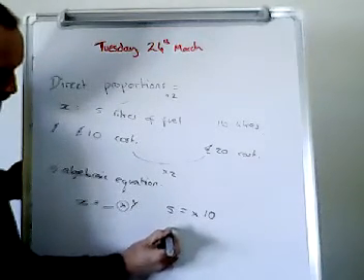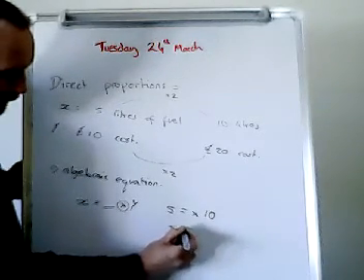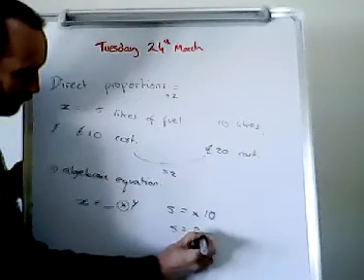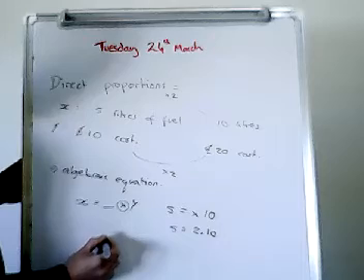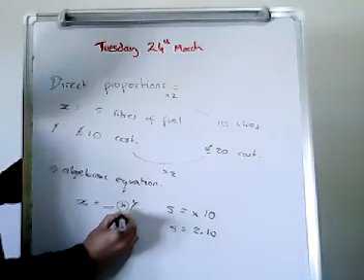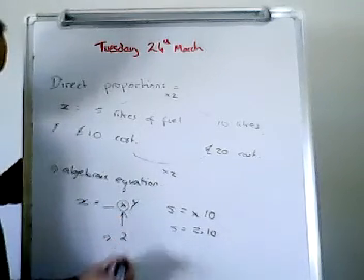So in this case, 5 equals 2 times 10, so the value here is equal to 2.